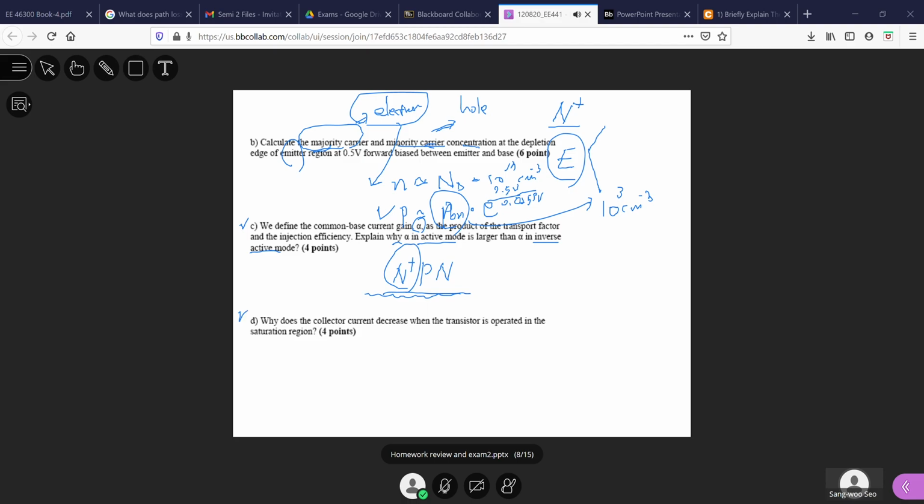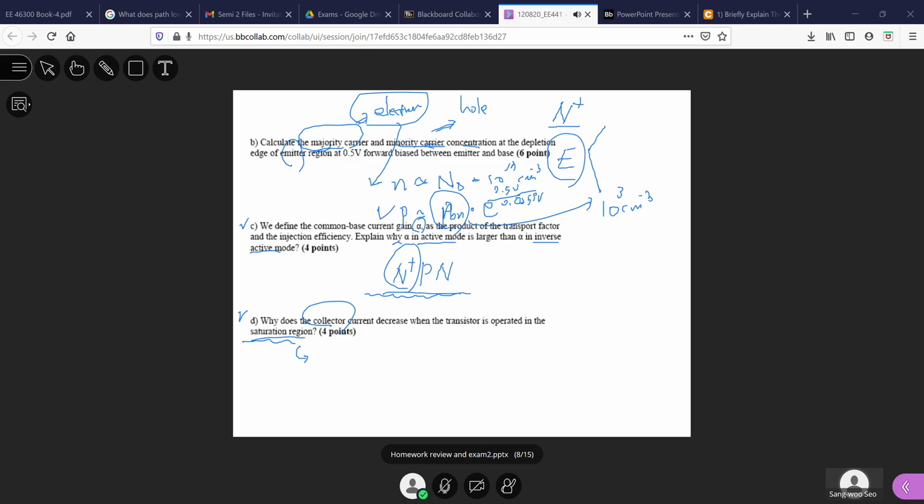And then D is when the transistor operates in saturation. When you look at the collector current, it is in fact decreased. To answer this one, in the saturation region, as you know, emitter-base and collector-base are both forward biased.